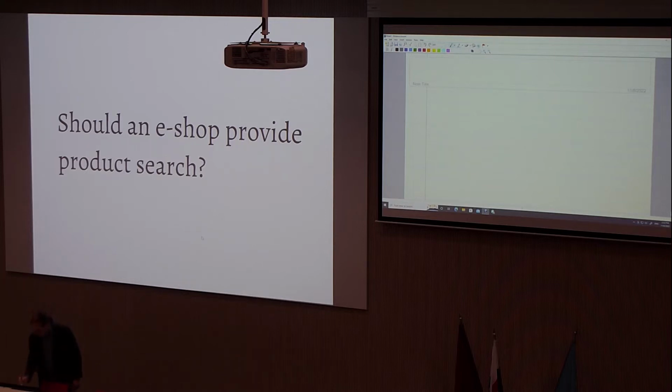So I would say, because we already understand this, product search. So this is our e-shop. This is product search. What other features could be there?